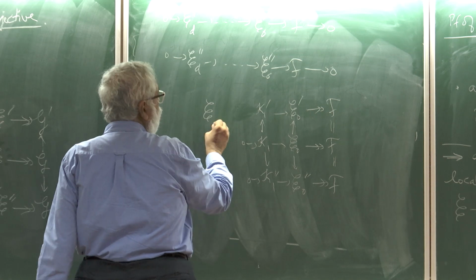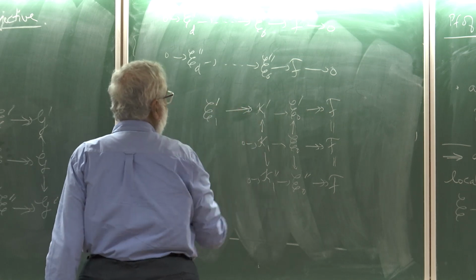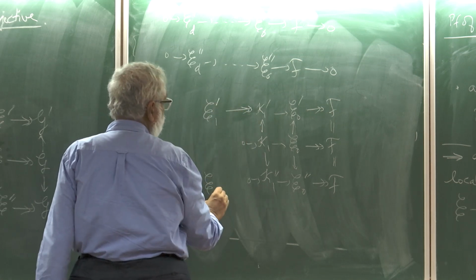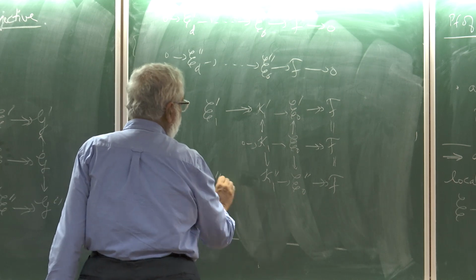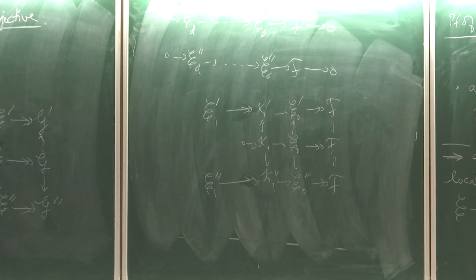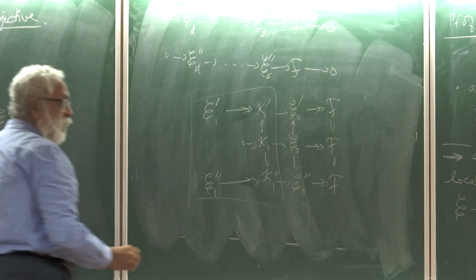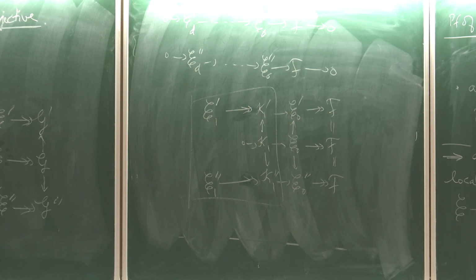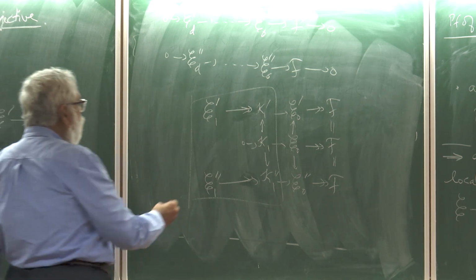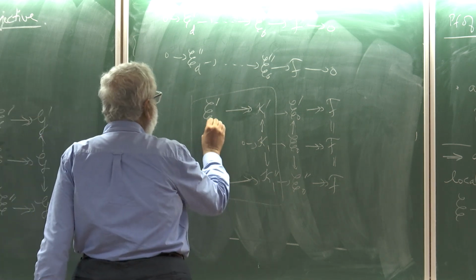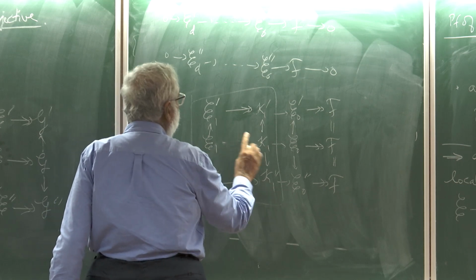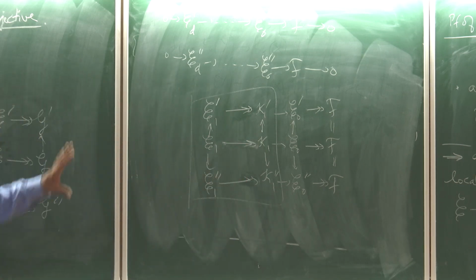I'm given E1 prime mapping onto K1. I'm given E1 double prime mapping onto K1 prime. So this diagram is of the type appearing in my lemma. So I can find an E1 mapping to both of those and mapping onto this, and so on.